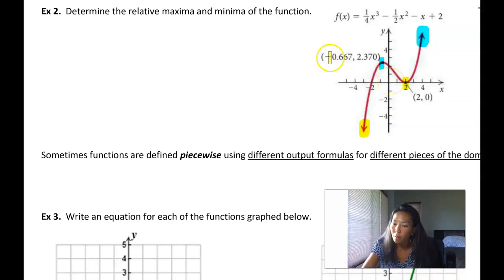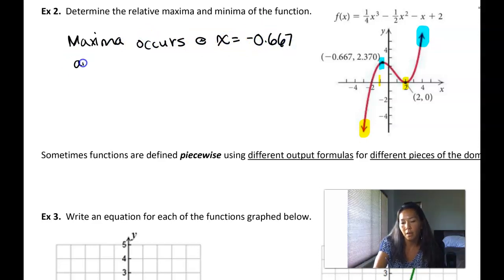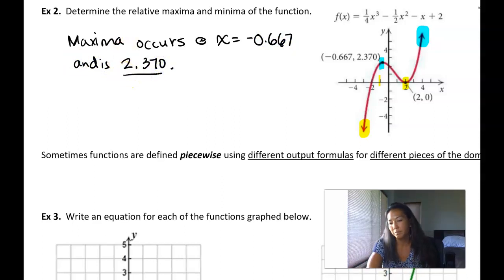Oh, negative 0.667, so not negative 1, negative 0.667 occurs at x equals negative 0.667 and is 2.370. Like that's the maxima.